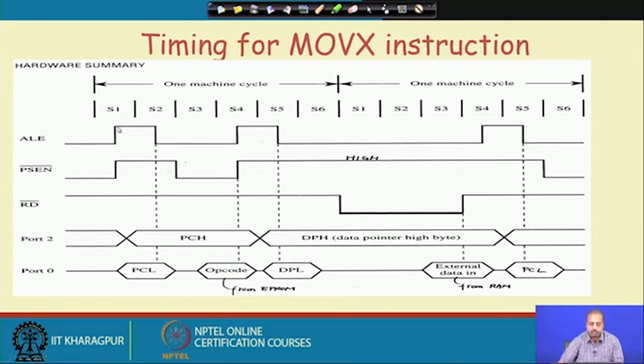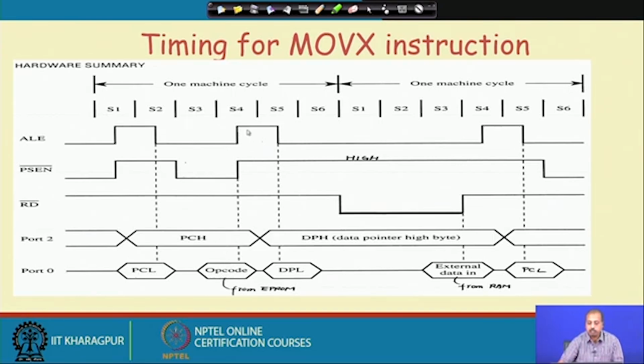That part we have already discussed. The ALE signal is activated, the lower order address is given, the higher order address is put on PC high, and PSEN bar is given. When PSEN bar goes high, the MOVX opcode is available on the data bus.